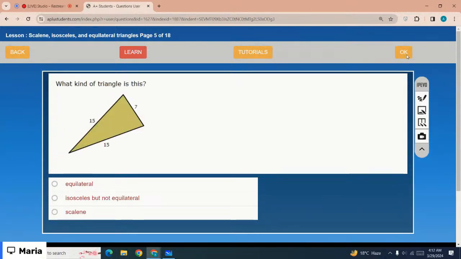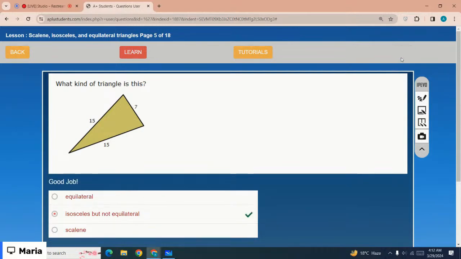What kind of triangle is this? The correct option is isosceles but not equilateral, right? The correct option is isosceles because two of the side lengths are equal.